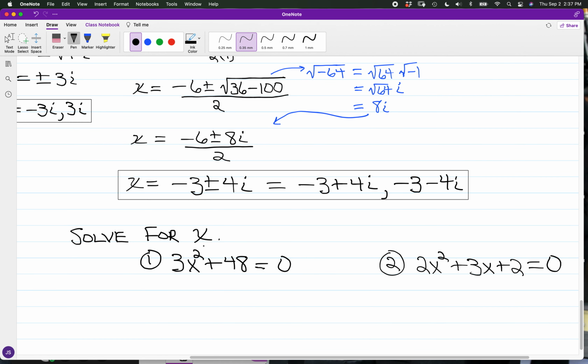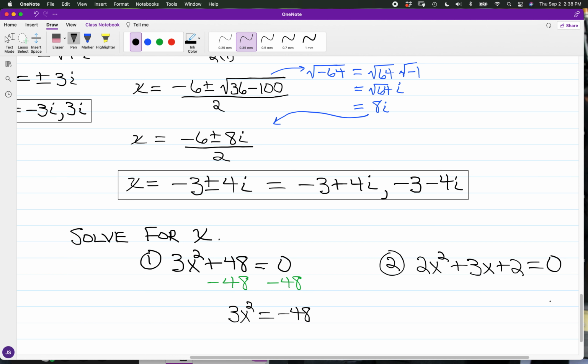Okay, so we've got 3x squared plus 48 is equal to 0. If I isolate the variable term, upon taking 48 away from both sides, we have 3x squared is equal to negative 48. Now you could have factored out 3 and then divided the whole equation by 3.